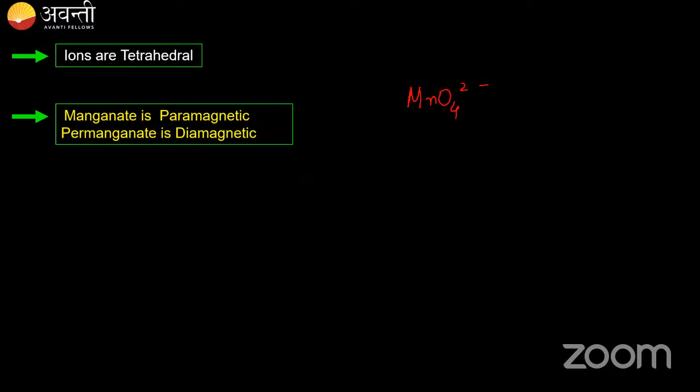Sanika is saying it contains three unpaired electrons. Okay. Any other explanation? Any other wants to try? Okay, so I'll explain you.